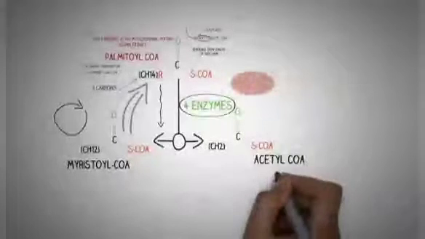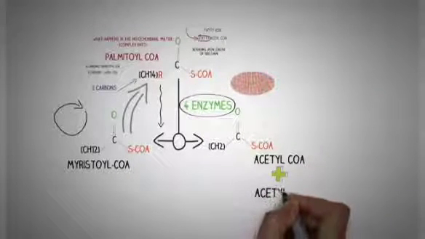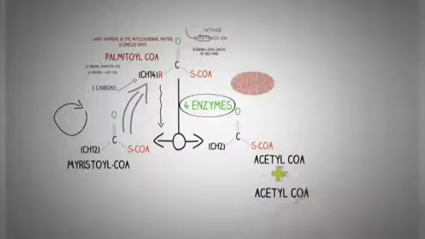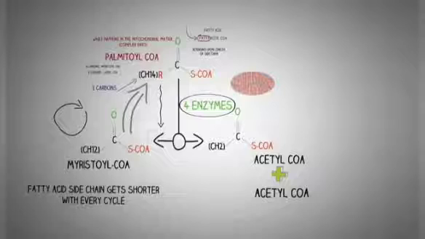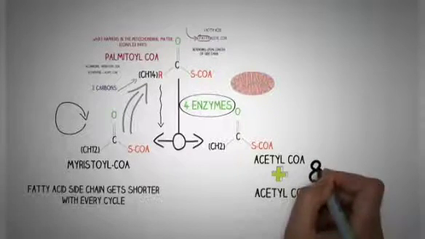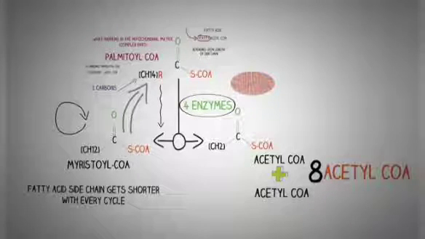This also leads to generation of a new molecule of acetyl CoA. With every cycle of beta oxidation, the fatty acid side chain gets shorter, and palmitoyl CoA, when completely metabolized by these 4 enzymes, gives rise to 8 molecules of acetyl CoA.